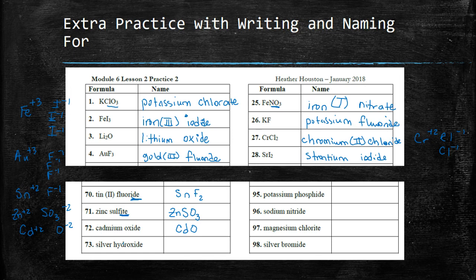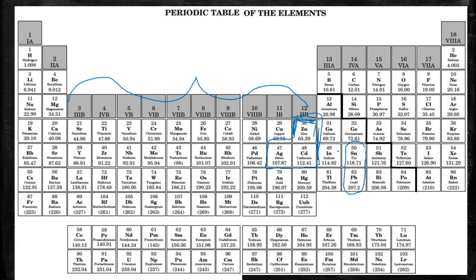Okay, silver hydroxide. Man, I'm just hammering home the exceptions here. Silver was another exception that you were supposed to memorize as a +1. Hydroxide. Now, some of you are going to fall for the ide. When you look this whole table over, this is not called hydroxide. This would be called hydride.